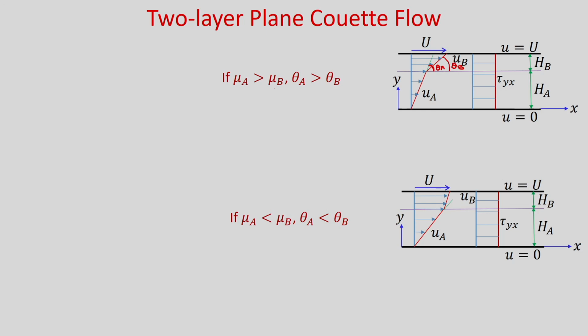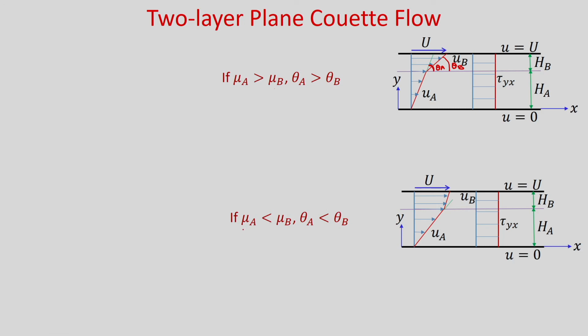So, obviously theta_A will be greater than theta_B. You can see that velocity is linearly varying in fluid domain A. After that, theta_B will be less than theta_A, so your velocity profile will look like this, okay, u_B in fluid domain B.